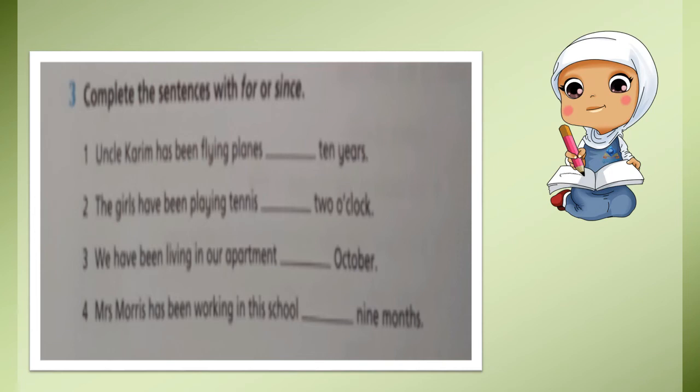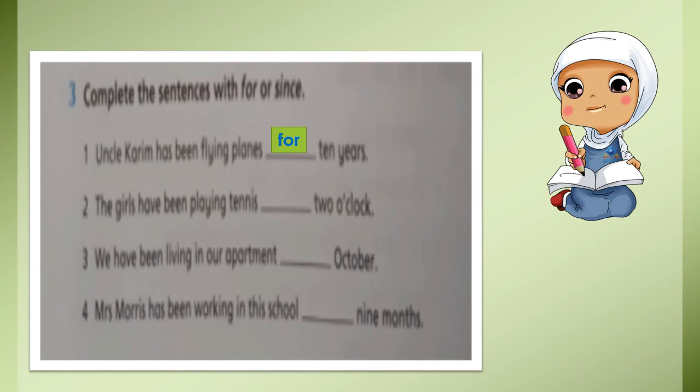Uncle Karim has been flying planes 10 years. Pay attention. 10 years. This is the whole period or the start of period? Excellent. This is the whole period. So the correct answer is, great, for. Uncle Karim has been flying planes for 10 years.